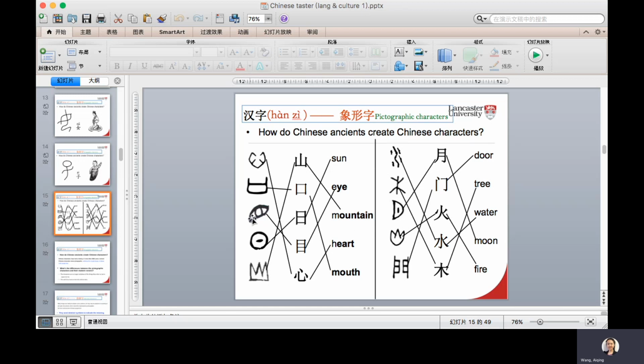This is the symbol of I, and that's how it looks in modern days. And the English translation is I, right? And that one looks like a mountain. And this is shan in Chinese, which means mountain. And some other things like door, men, fire, this is 火, and tree, 木.